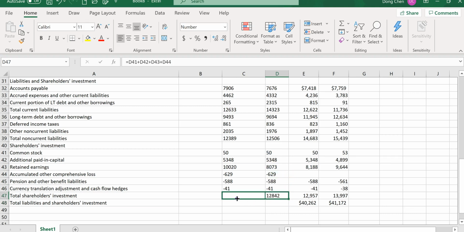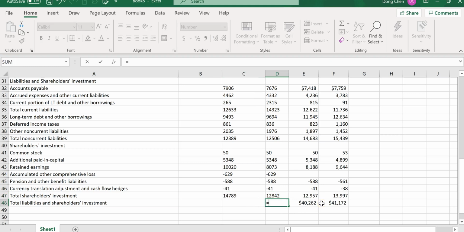So then we pull the cell to the other year. And finally, total liabilities and shareholders investment will be the total liabilities. So that's going to be total current liabilities, it's right there, and then plus the total non-current liabilities and plus the total shareholders investment.